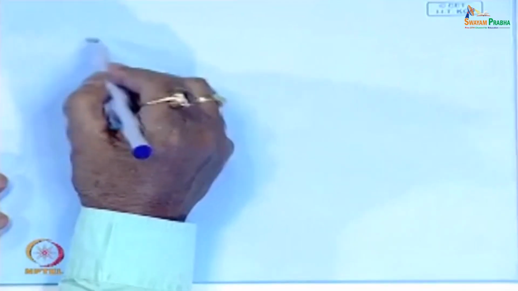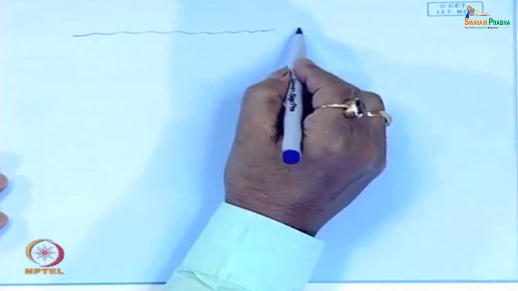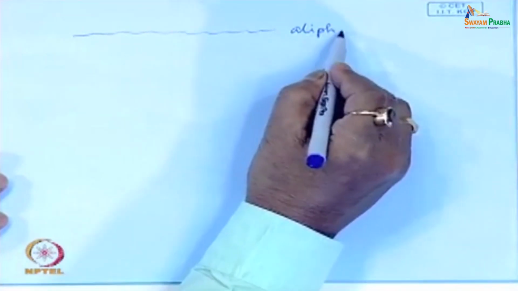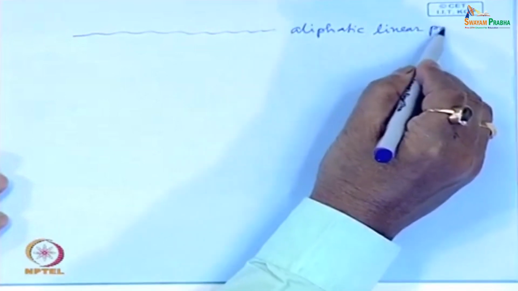So, this indicates a concept, say you are having a polymer chain exclusively linear, made of aliphatic units, a linear polymer.